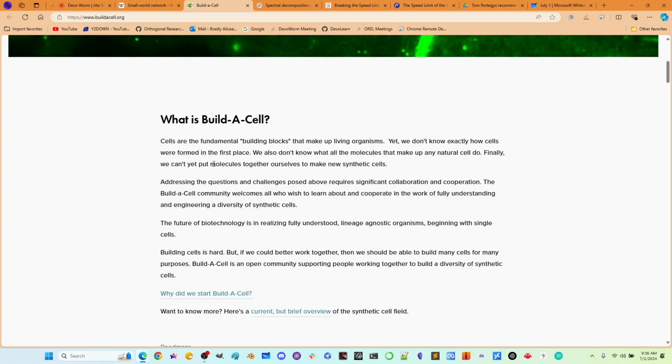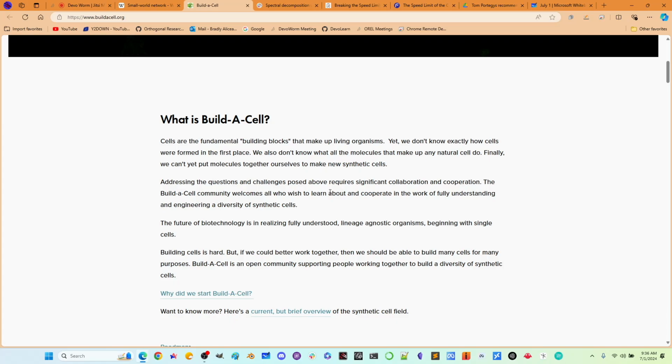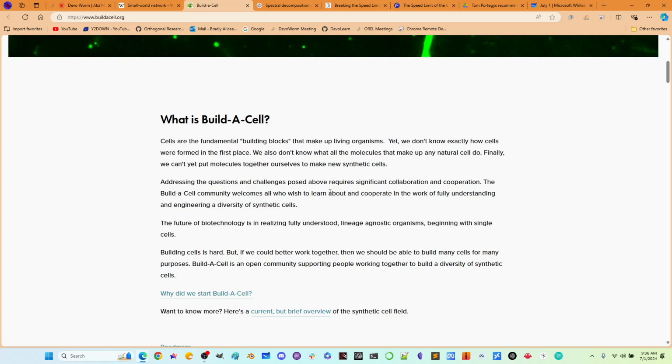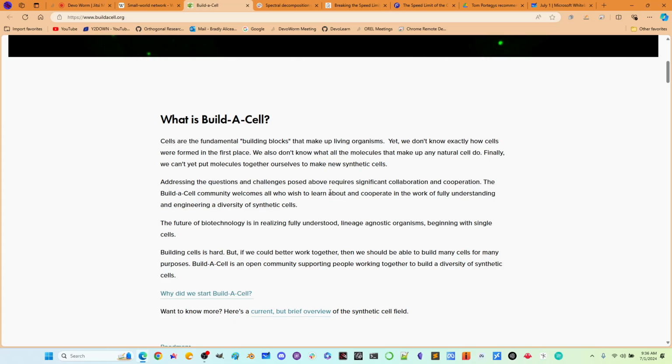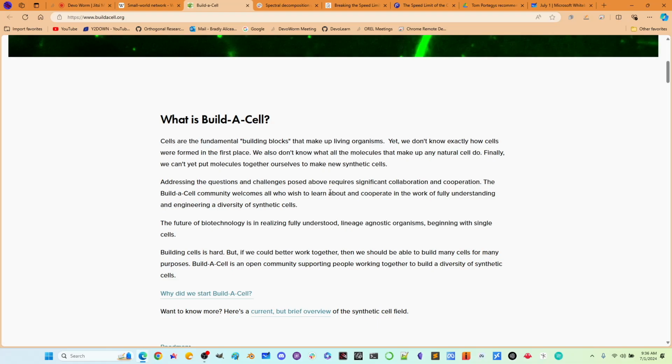Finally, we can't yet put molecules together ourselves to make new synthetic cells, and that's really the thing. We haven't really been able to master building a cell, and what that means is building a cell from its components, not just taking a cell and modifying it, but building a cell on its own.